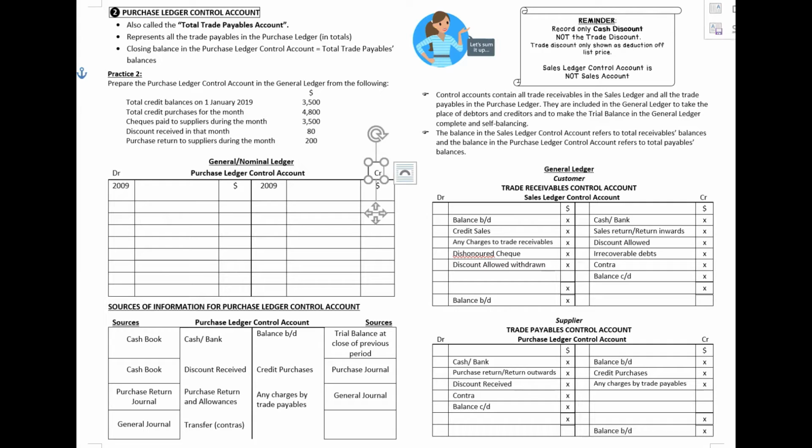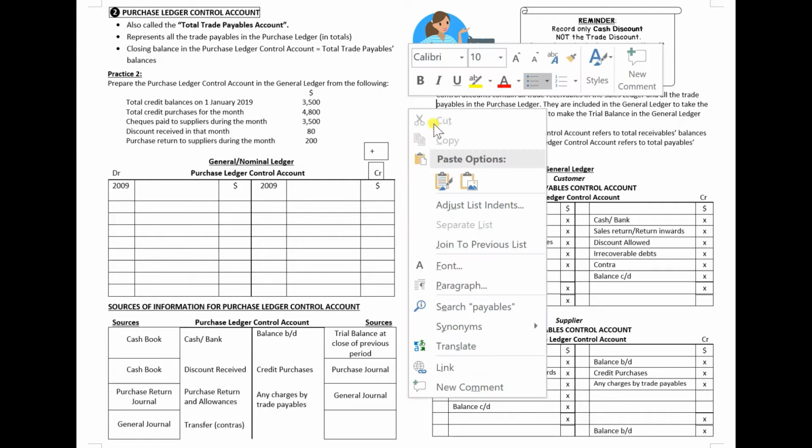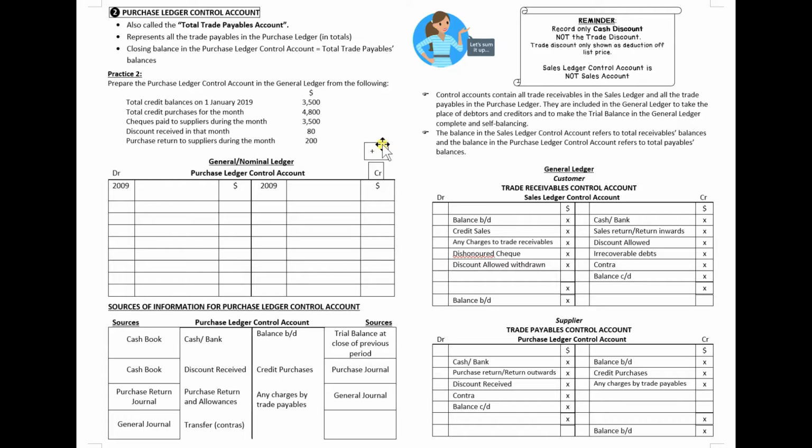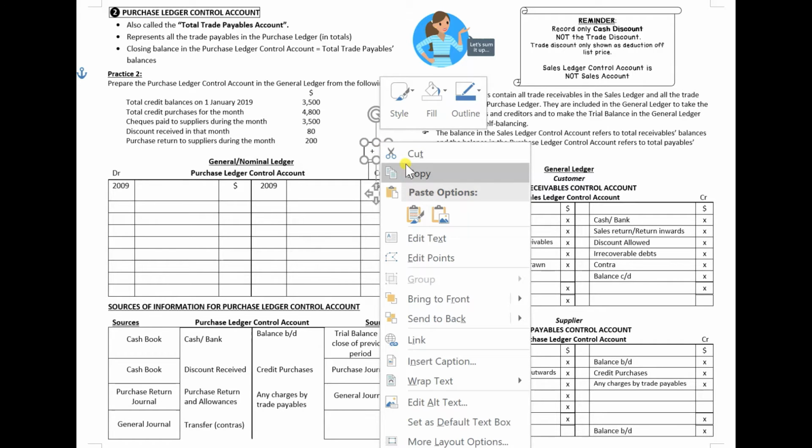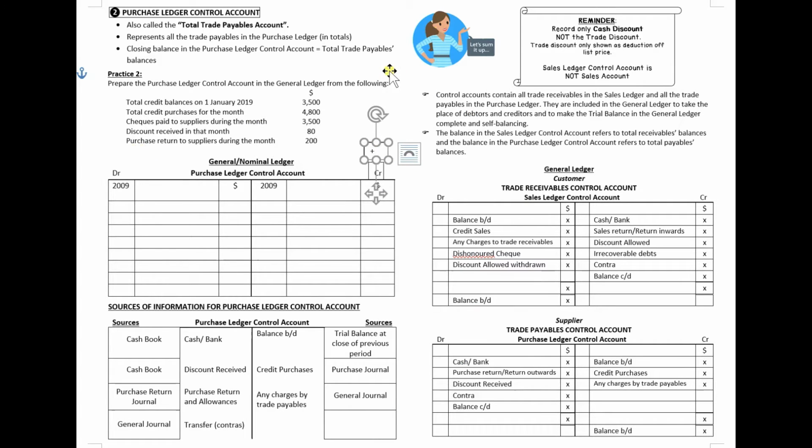And then what it means is that credit signifies increase, whereas the debit will signify minus. Let me paste this one.